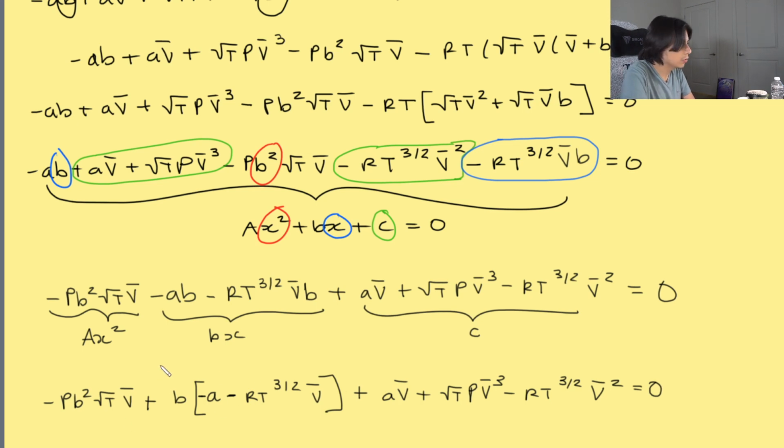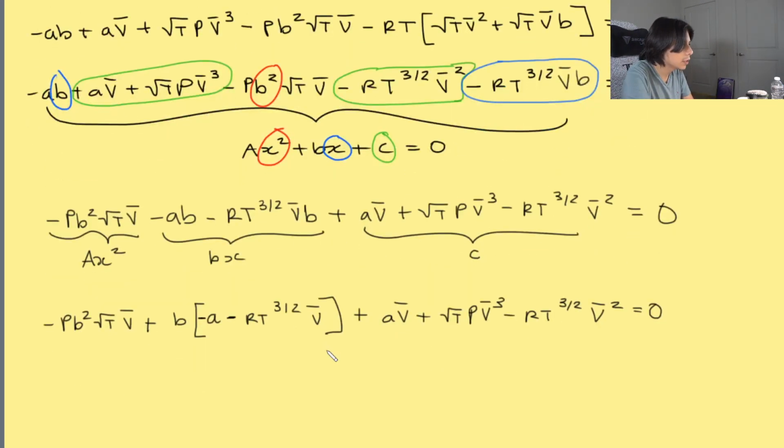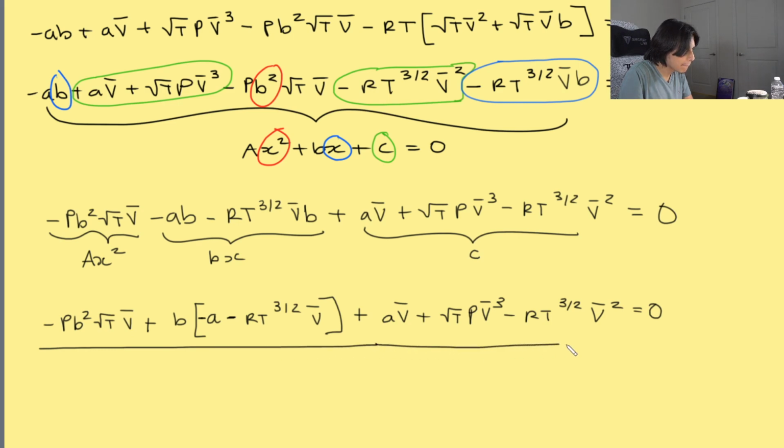Okay, I'm going to scroll down because I think we're running out of room. Oops, this is the lowest I can go, so I'm just going to have to delete after, no worries. So then we divide this by negative p square root of t v bar. Let me just make sure that's what I did here. Yes, that's what I did. So when you divide every side of this equation by negative p square root, or should we not do negative p?